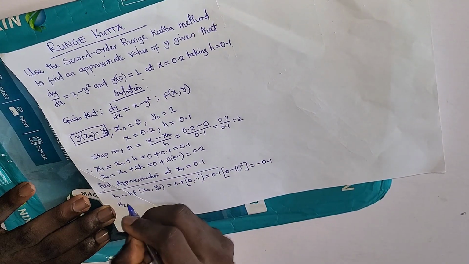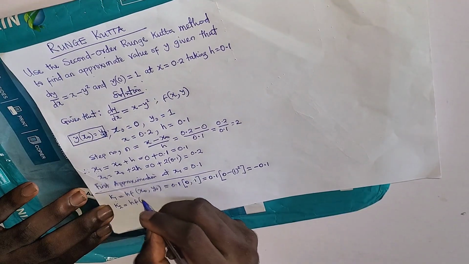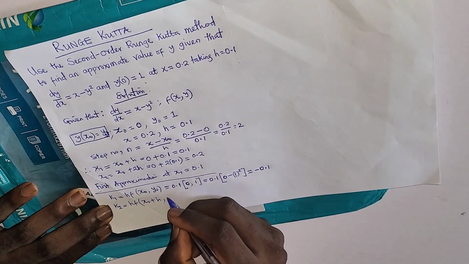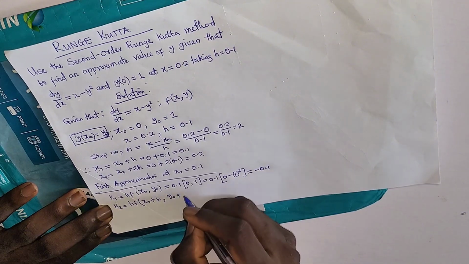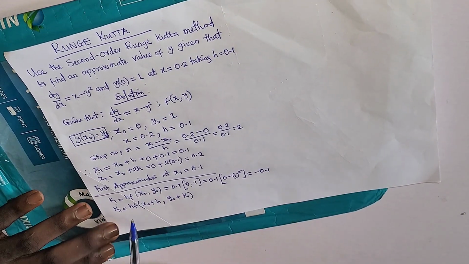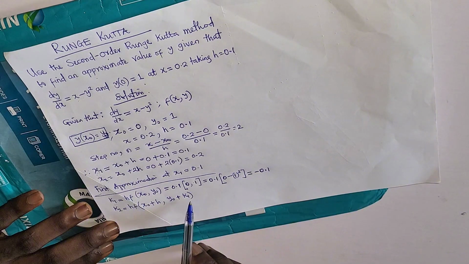So k2, which has the formula h f of x naught plus h, comma, y naught plus k1. This is for second order Runge-Kutta. This is the formula guiding second order Runge-Kutta.